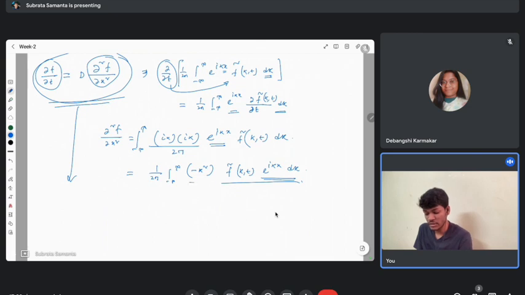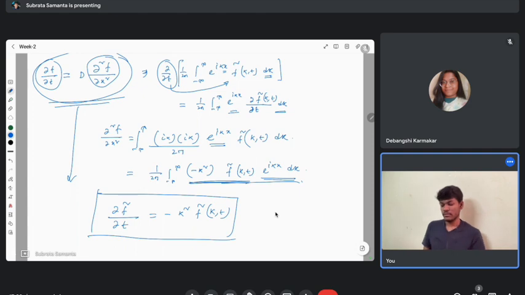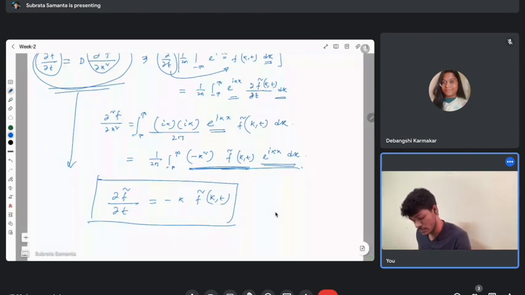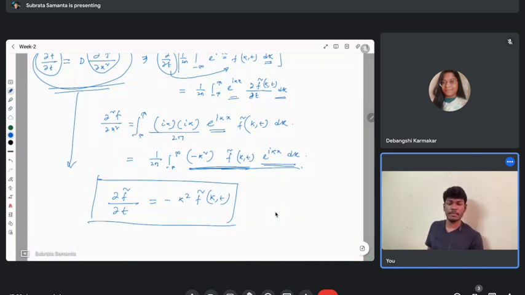So we get this kind of equation: del f tilde over del t equals minus k squared f tilde. Okay, is it clear? The other thing is just comparing these two equations.